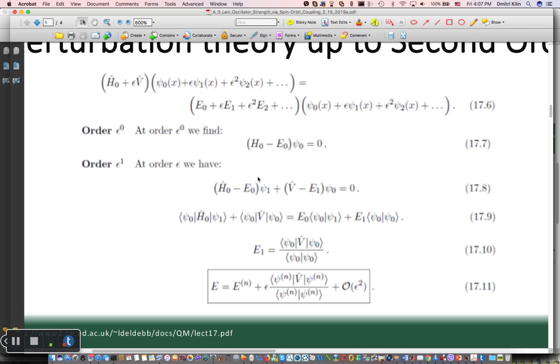If we want to apply perturbation theory, this V Hamiltonian that is shown here will be the spin-orbit coupling Hamiltonian, for which right now I'm using QChem to compute the spin-orbit coupling matrix elements. And what is your E naught? E naught is the triplet energy. H is the Hamiltonian that we can solve for.